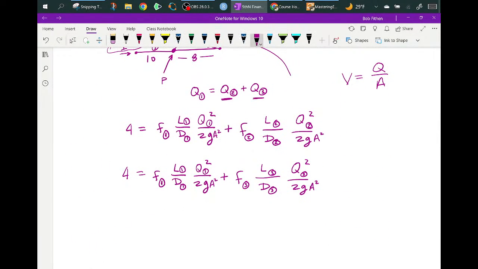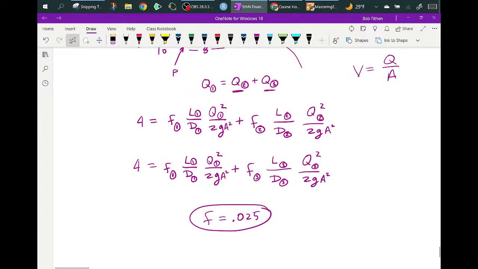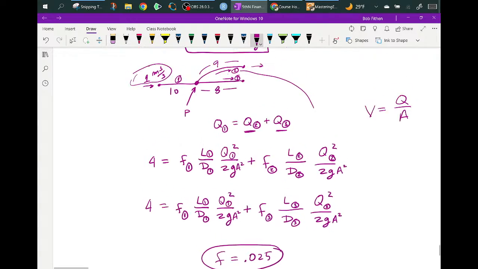If the friction factor everywhere is equal to 0.025, what do I get? He really wants you to know Q. But how do you do this?